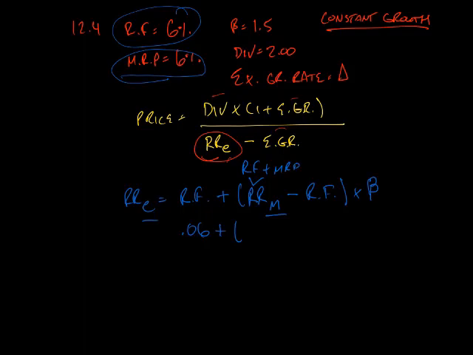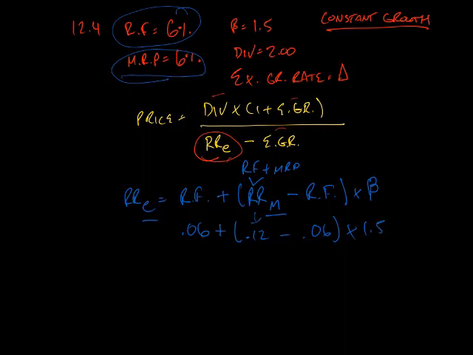Okay? So you're going to add that up and plug that in there. Pretty easy. 6 plus 6 is 12%, or written 0.12. Minus risk-free rate, again, that's a no-brainer, times our beta. What was our beta? 1.5, okay?